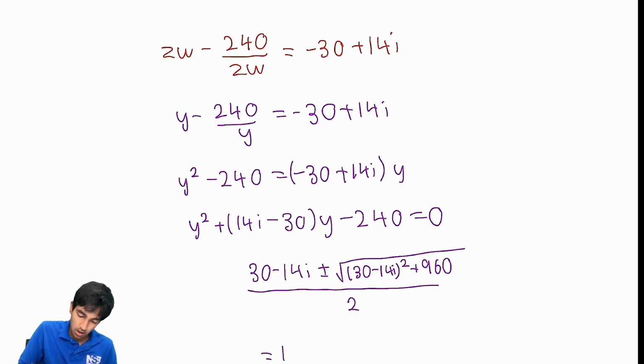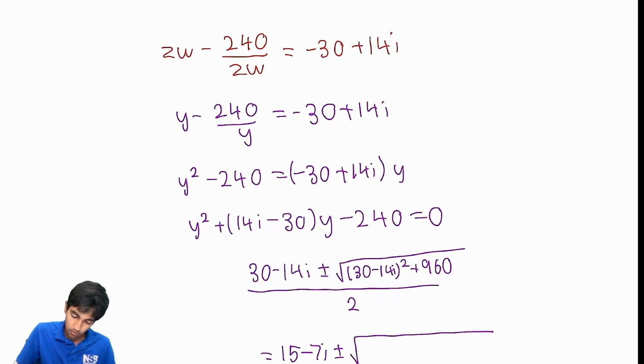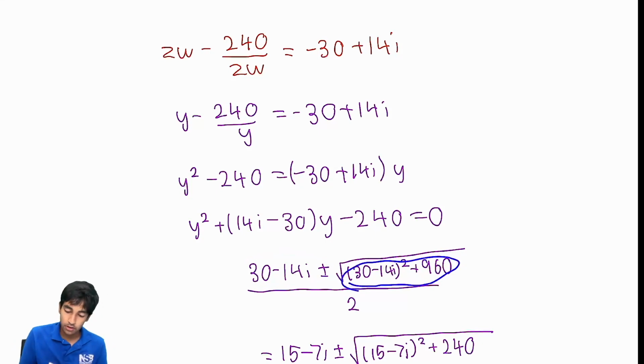We get 15 minus 7i plus or minus the square root of 15 minus 7i squared, right? Because if we divide by 2 here, it will end up dividing by 2 the thing that we're square rooting as well. And because we're inside the square root, we divide by 4. So essentially, to divide the whole numerator by 2, this part we just divide by 2, and we divide by 4 inside the square root. But that's also effectively dividing by 2 inside this term.